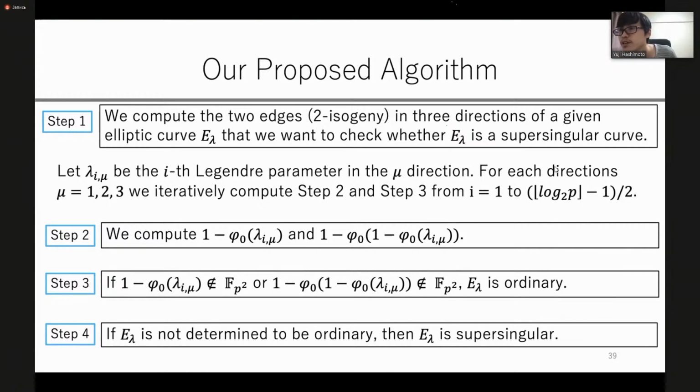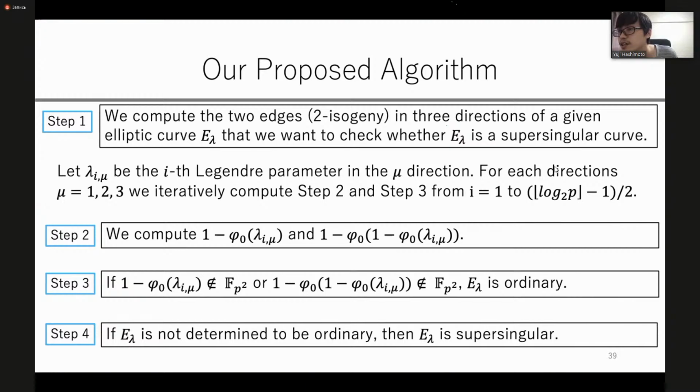Step 2, we compute 1 minus phi 0 lambda i mu and 1 minus phi 0, 1 minus phi 0 lambda i mu. Step 3, if 1 minus phi 0 lambda i mu not in Fp square, or 1 minus phi 0, 1 minus phi 0 lambda i mu not in Fp square, then lambda is ordinary.